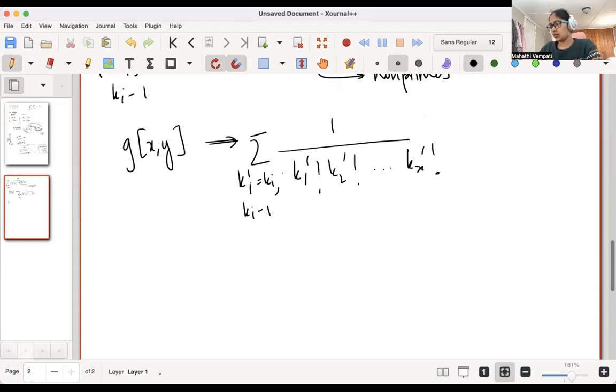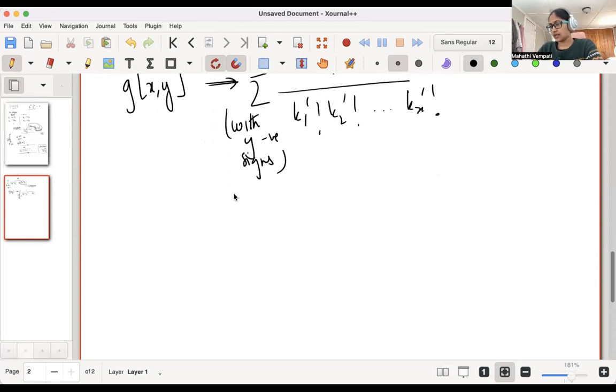Oh sorry, not all possible minus ones, but somewhere with y negative signs. I guess it's not the best way of writing it, but yeah, y negative signs.